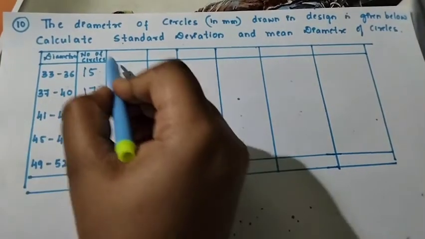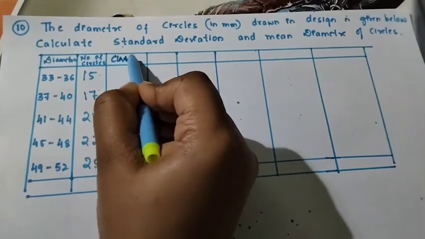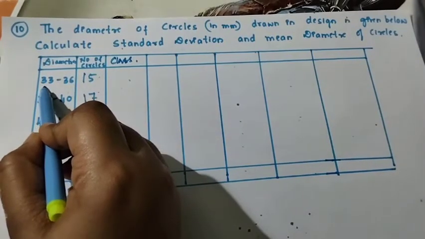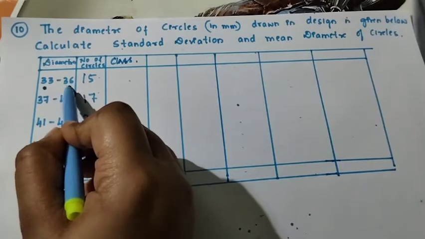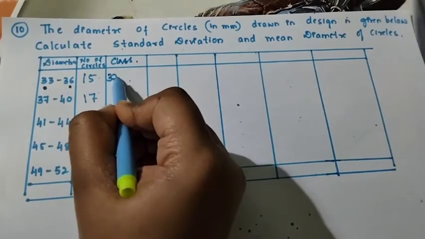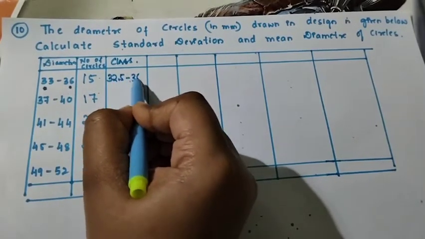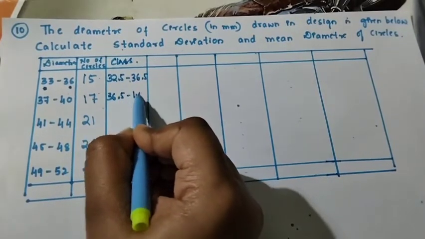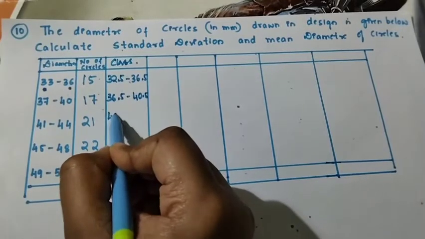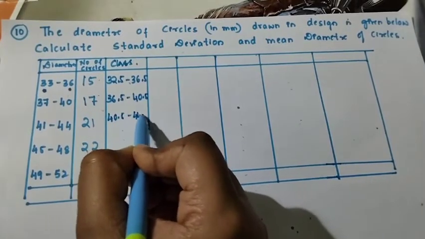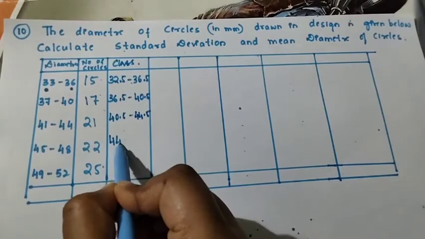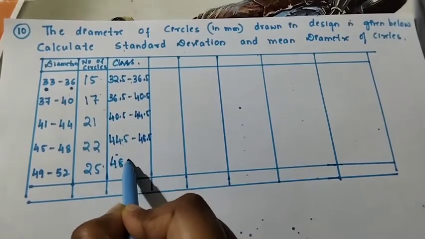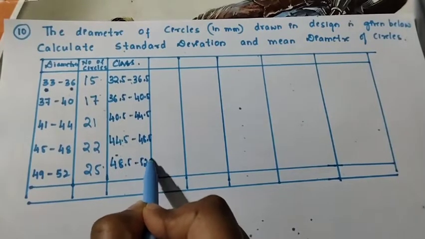So write down one more class interval, by taking 0.5 less from the lower limit and 0.5 more for the upper limit. So we get 32.5 to 36.5, 36.5 to 40.5, 40.5 to 44.5, 44.5 to 48.5, 48.5 to 52.5.